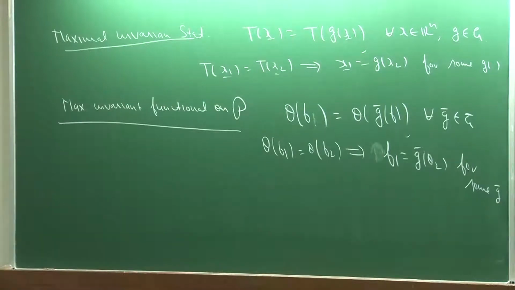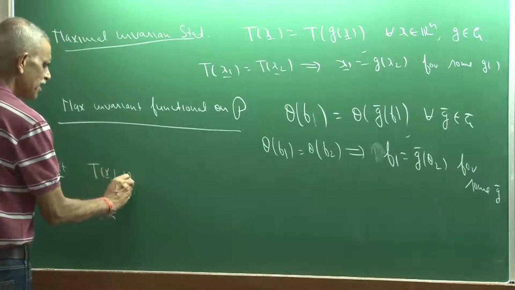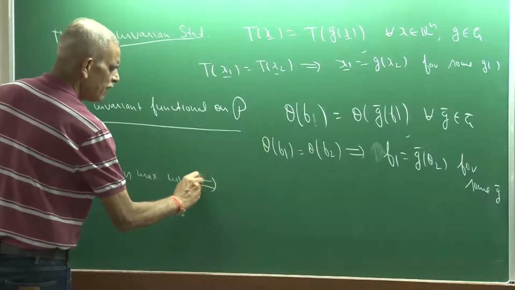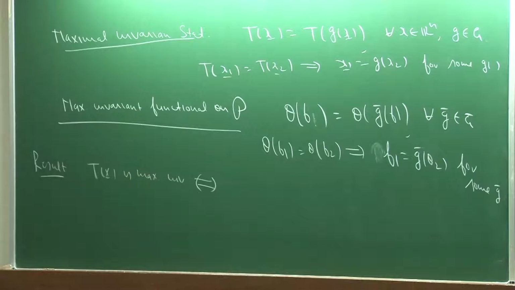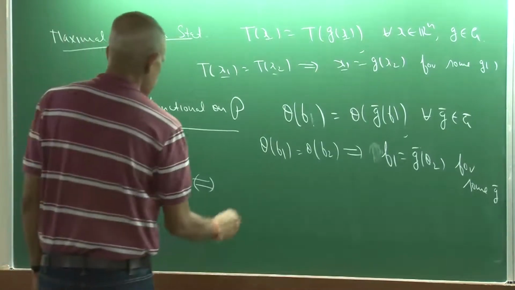Then we did a result which says that T of x is maximal invariant if and only if any other invariant statistic is a function of this maximal invariant statistic.